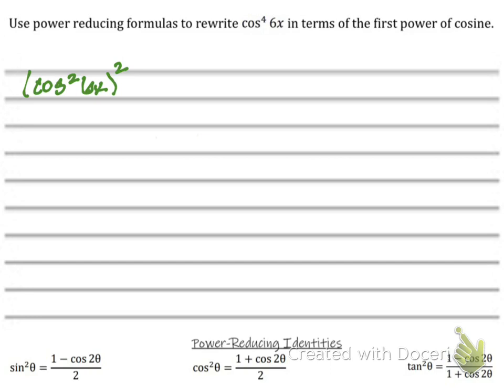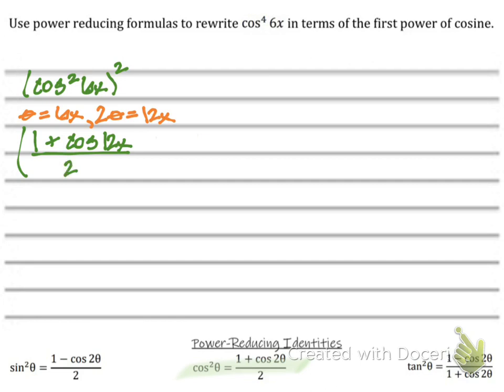So we're going to use our first guy here, or middle guy, but we got to think about the theta, because the formula is 2 theta, right? So here, if theta is 6x, then 2 theta will be 12x.